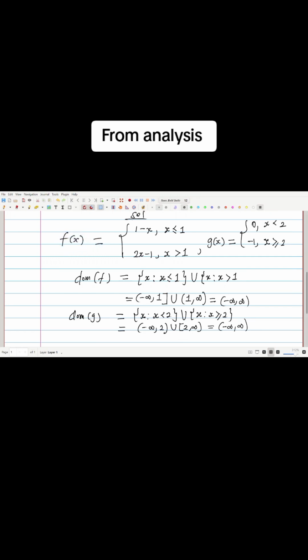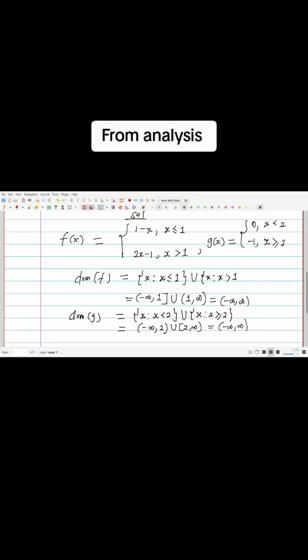All right. Now, if you observe this function, you will see that the value of the function is 1 minus x, and that holds when x is less than or equal to 1. In other words, when x is in this domain, look at it here. Can you see that? When x is in this place, that is 1 to infinity.